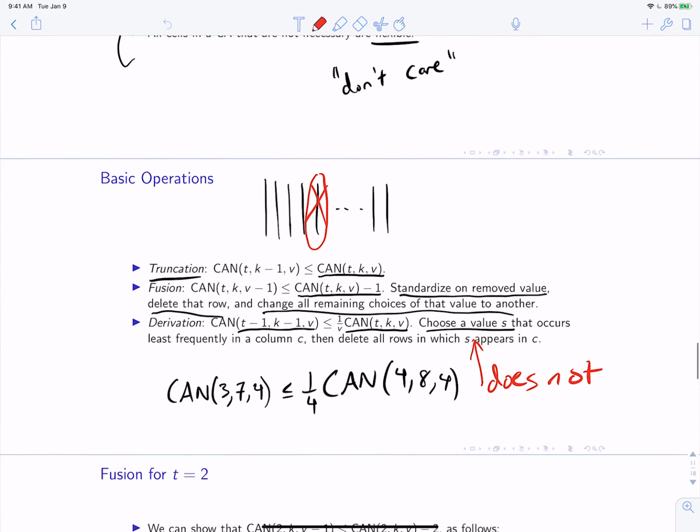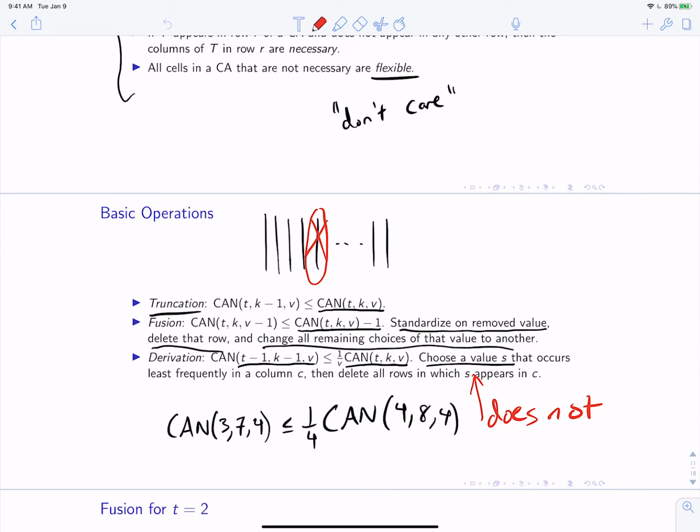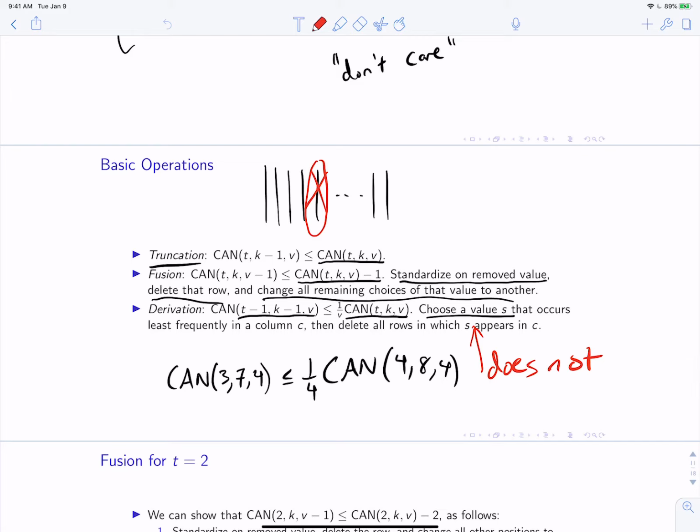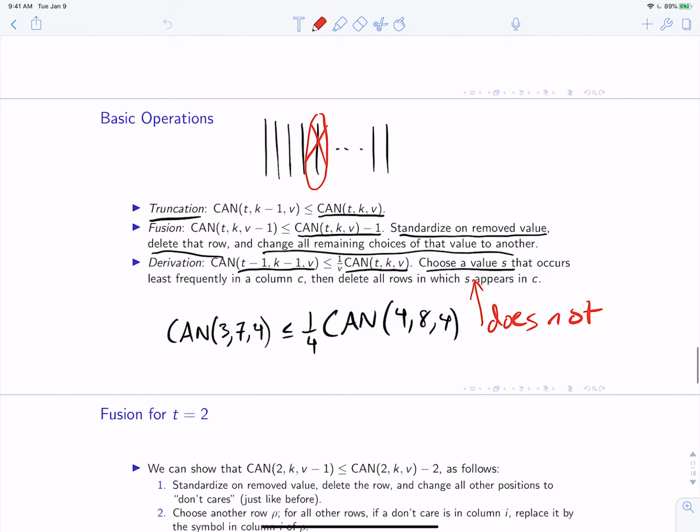So last time we were talked about basic operations of covering arrays, where if you delete a column, then you can't need more rows than the one with more columns. So if I take 8 columns and I take one of them out, then the optimal number of rows for 8 columns must be at least as large as the one for 7. Then we saw 2 more that are a little bit more complicated.